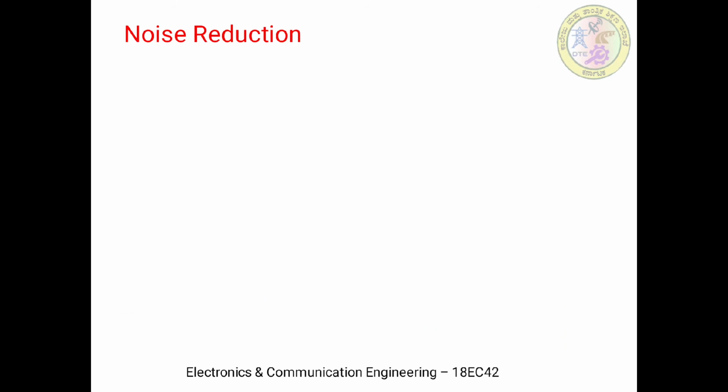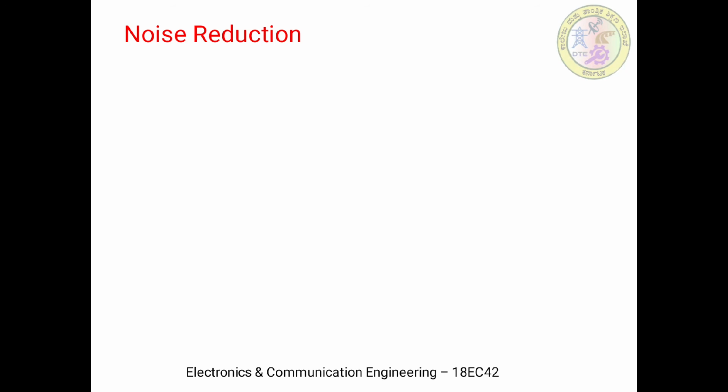Going to another important property, that is noise reduction. How is the feedback network going to achieve this noise reduction? Negative feedback can be used to increase the signal to noise ratio, that is SNR.